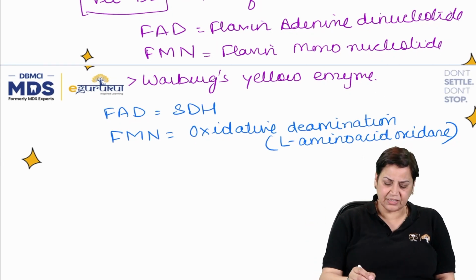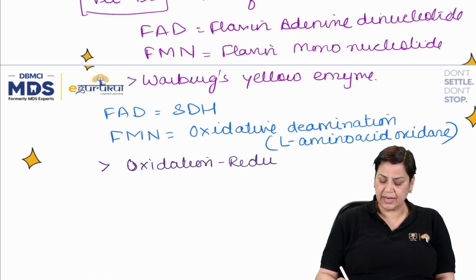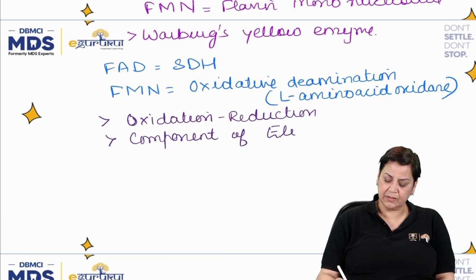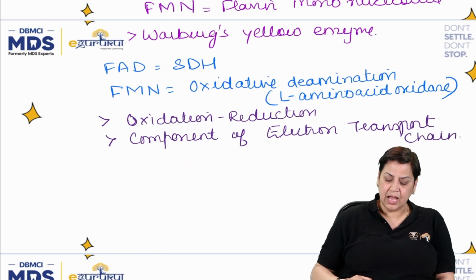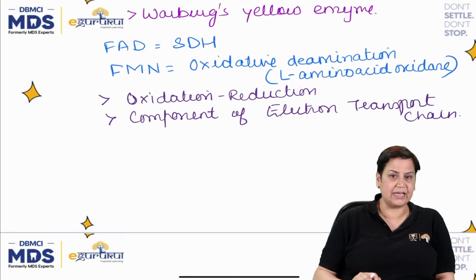They play a very important role in redox reactions, oxidation and reduction, and they are a component of the electron transport chain also. These are the functions of vitamin B2.